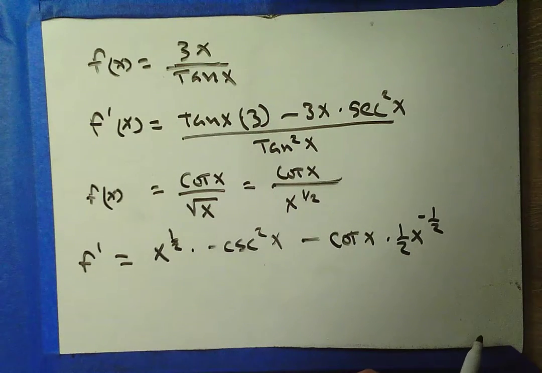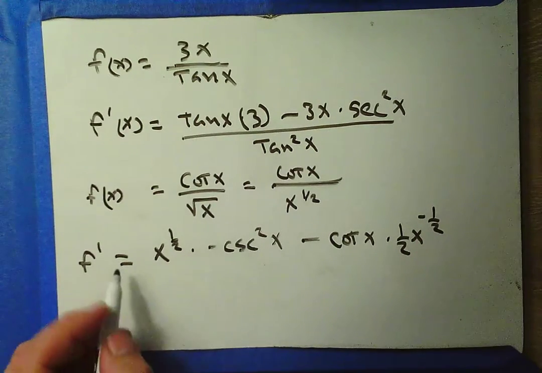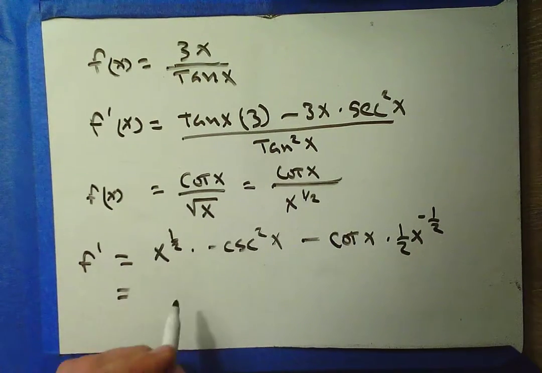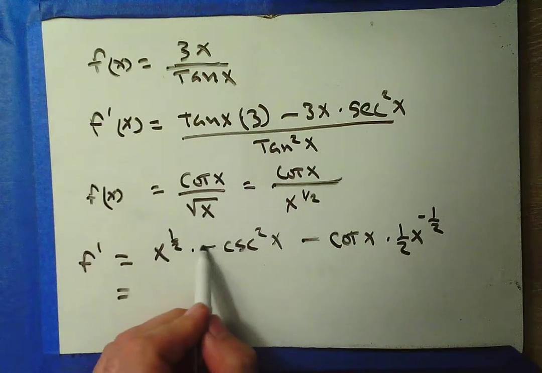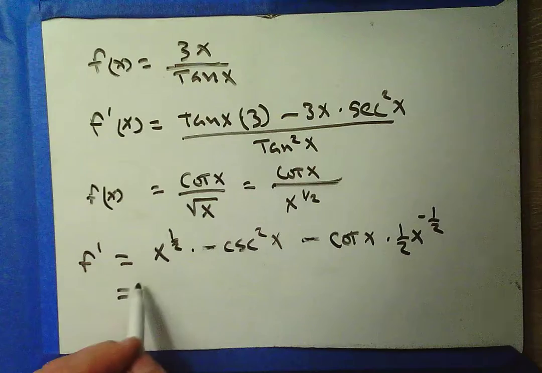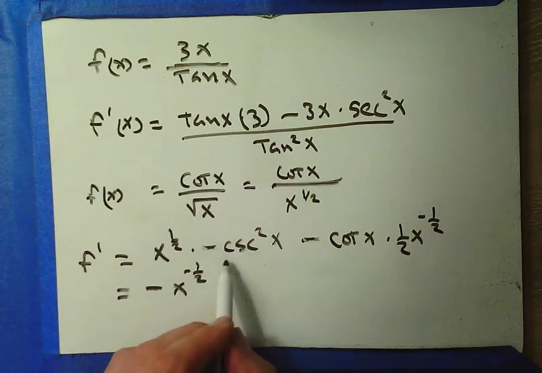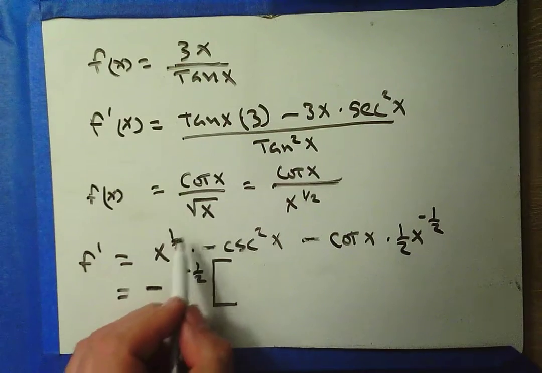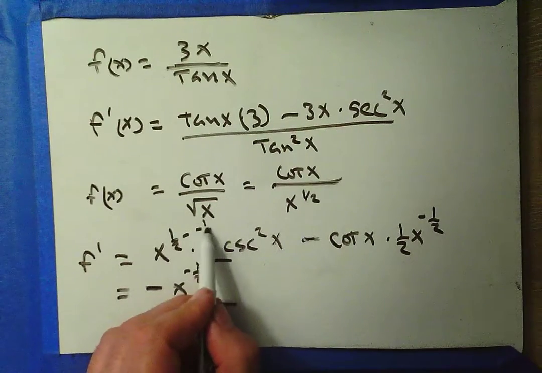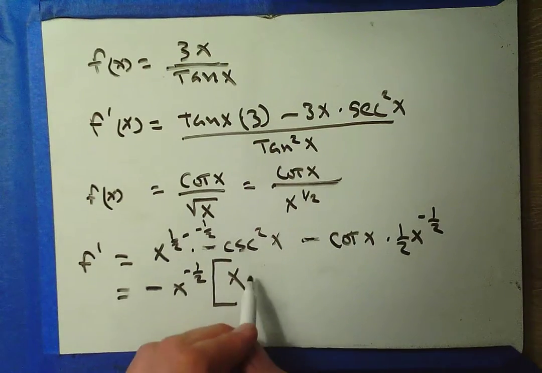So, remember when we were doing all that factoring in pre-cal where we took out these negative exponents? Guess what? We can do that here as well. I'm also going to take out this negative symbol because it's troubling me in here. So I've got negative x to the negative 1/2. What's left over? Well, when I factor a negative 1/2 out, I just get x. And I have a cosecant squared.